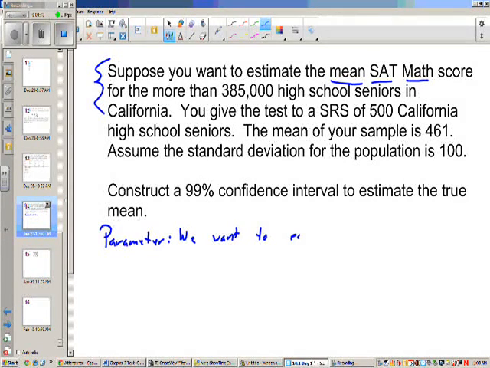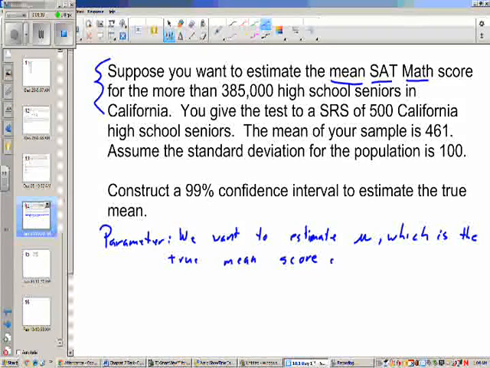We want to estimate mu, which is the true mean score on SAT math for California high school seniors.